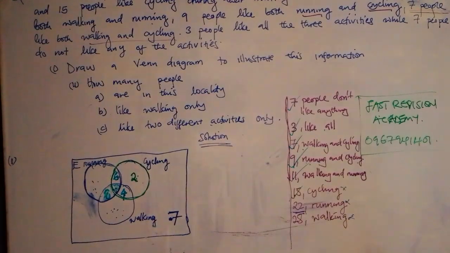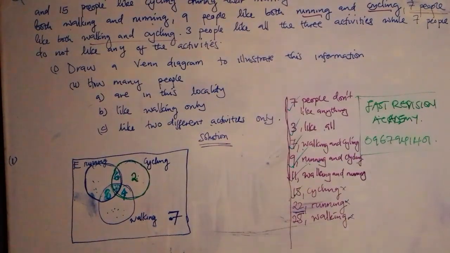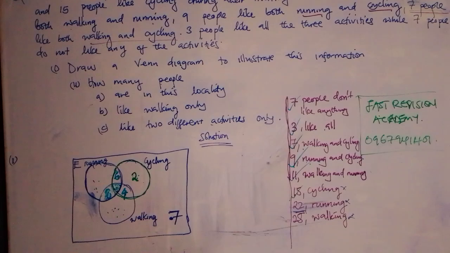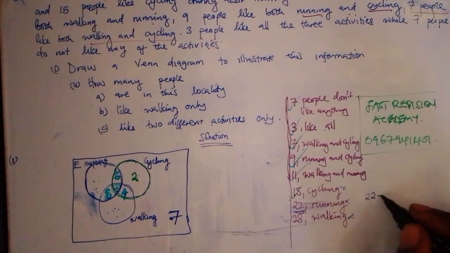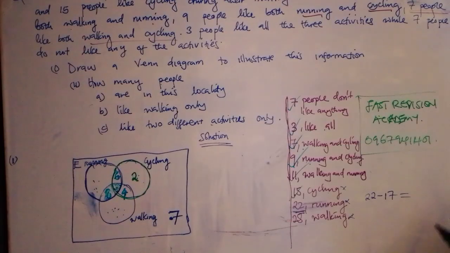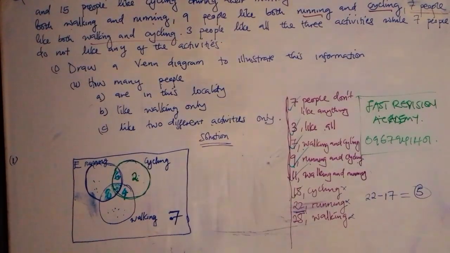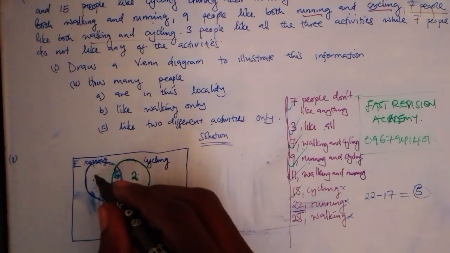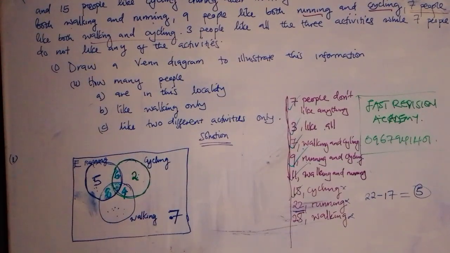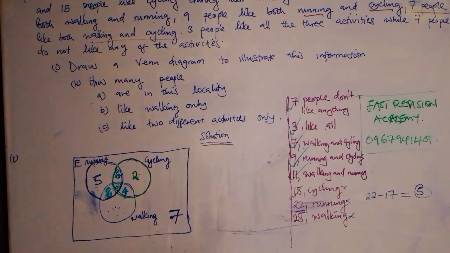So meaning out of 22, 17 people already like what? Running. So you are going to say 22 minus 17. What is the answer? So 22 minus 17, our answer is 5. So meaning 5 people liked running. That's the only 5 people who only liked running.